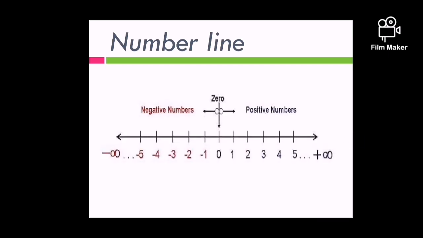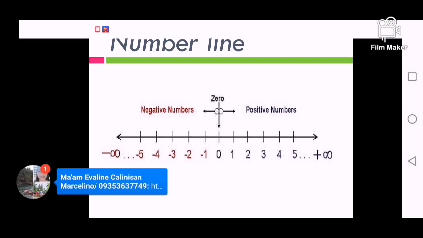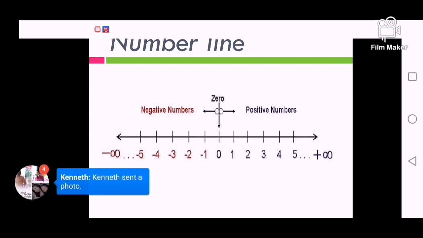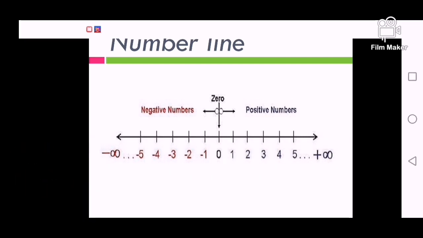What is a number line? A number line is a straight line with a 0 point in the middle, with positive and negative numbers listed on either side of 0 and going on indefinitely.